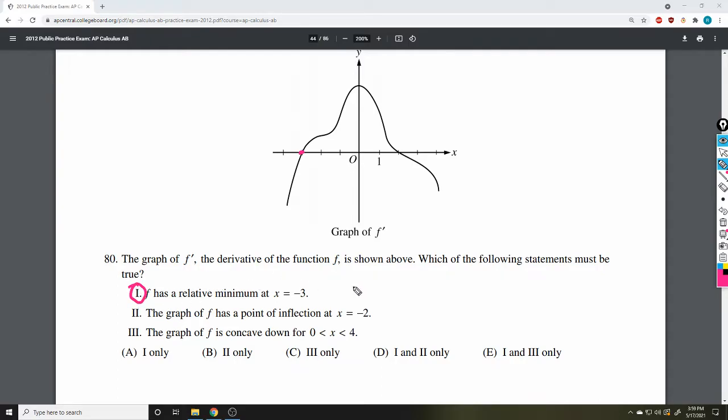Point of inflection at -2. Well, here's -2. At -2, for f to have a point of inflection would mean that f double prime changes sign.